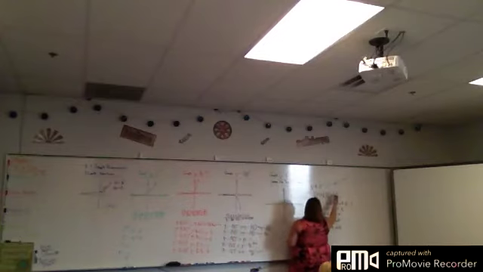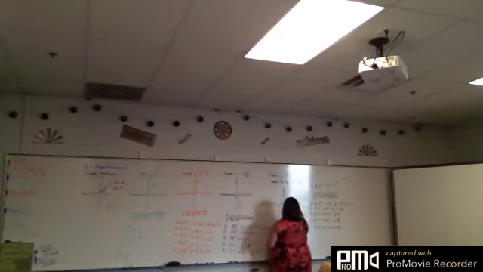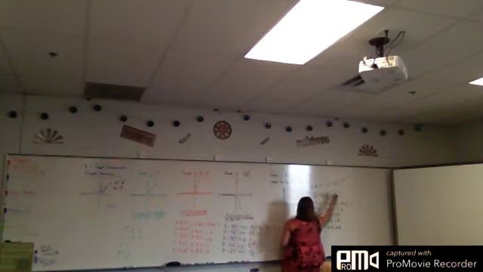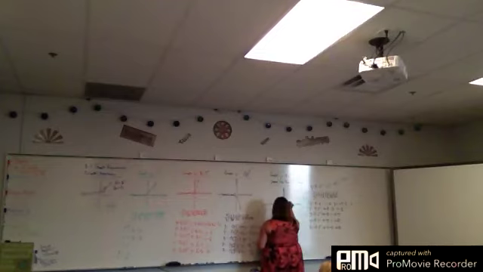And then this point becomes 2, 5, yeah? And then this point becomes 3, 13, yes? 3, 2, 4, 6, 8, 10, 12, 13. And I have shifted my graph.